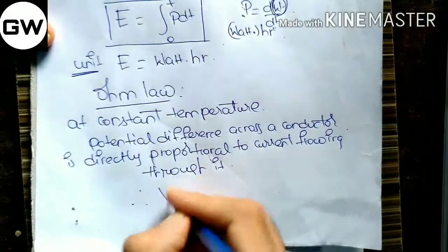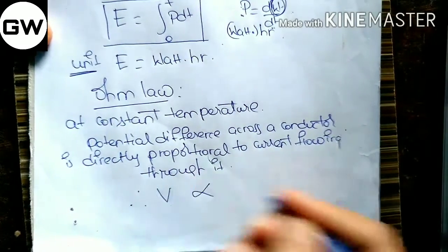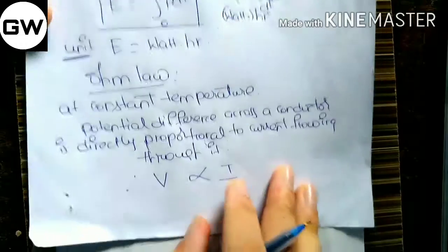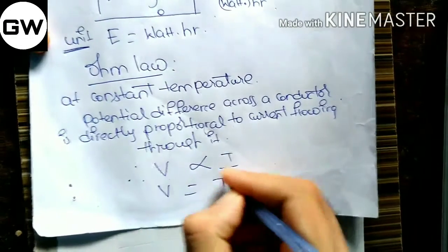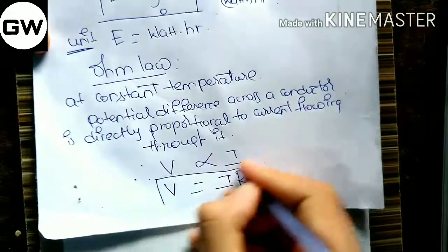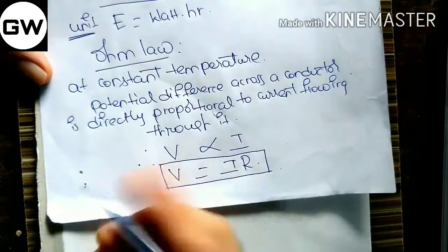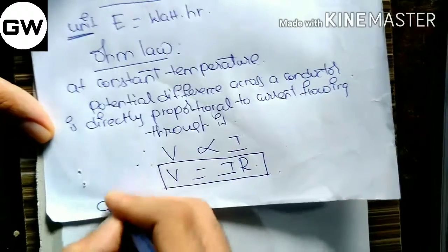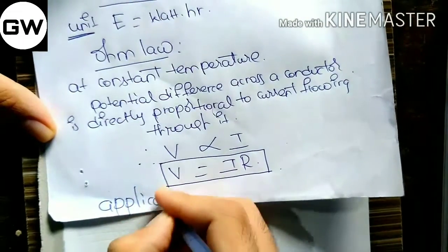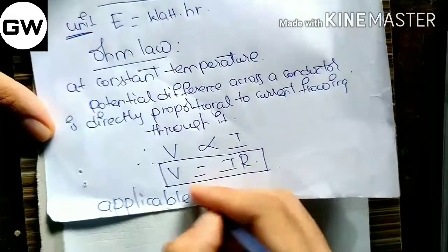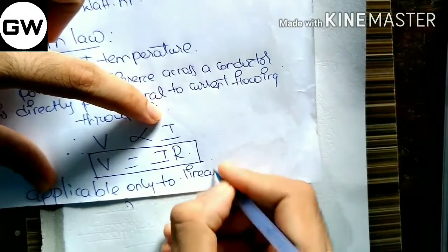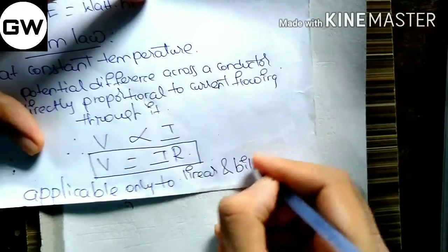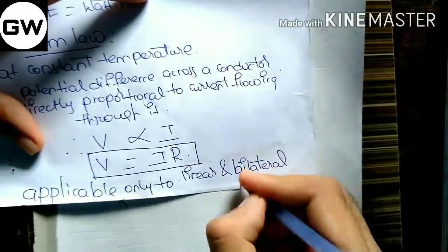Mathematically it can be expressed as V, the potential difference, is directly proportional to current I. By removing the proportionality sign, we replace it with a constant, so V will be equal to I into R. This is our Ohm's law. And Ohm's law is applicable only to linear and bilateral elements.